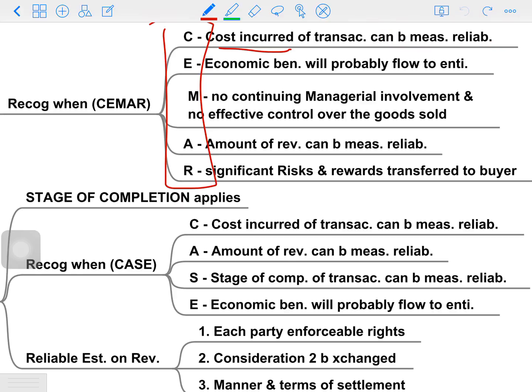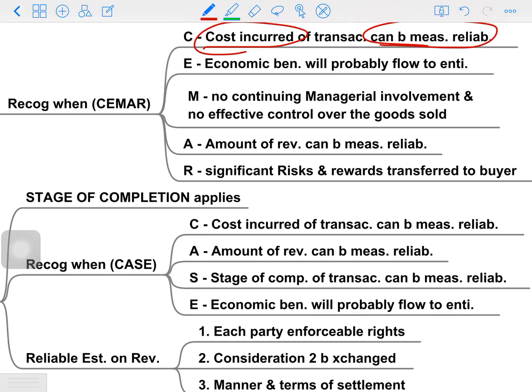Understand? So you can recognize revenue for sale of goods when the cost incurred can be measured reliably. Maknanya you boleh ukur how much is your revenue. Okay, 1,000, 3,000, you can measure reliably.